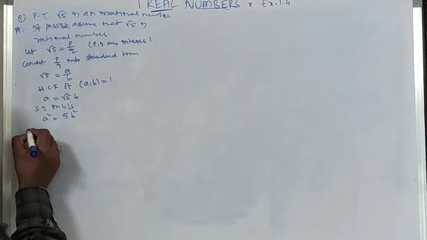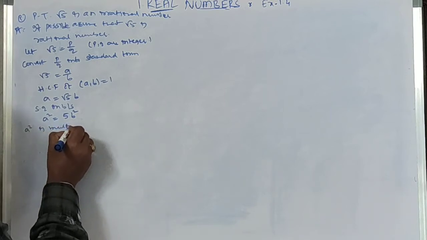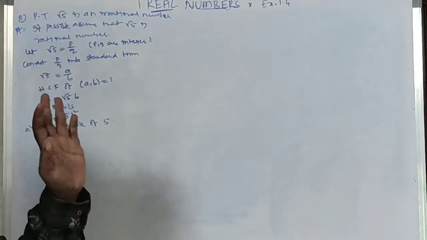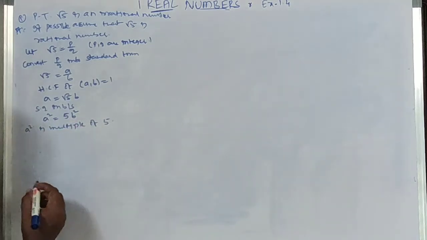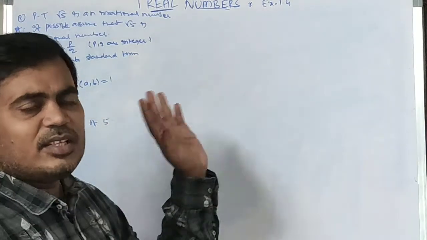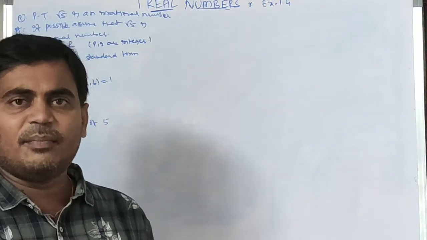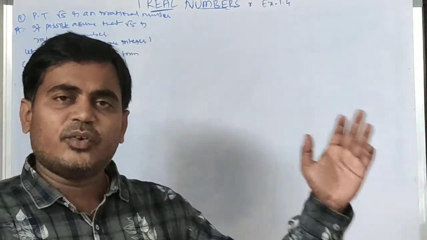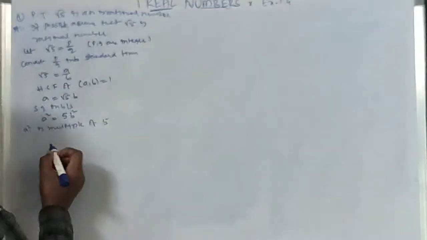Therefore a square is a multiple of 5. According to the previous statement, if any prime number divides a square, then that prime number also divides a.